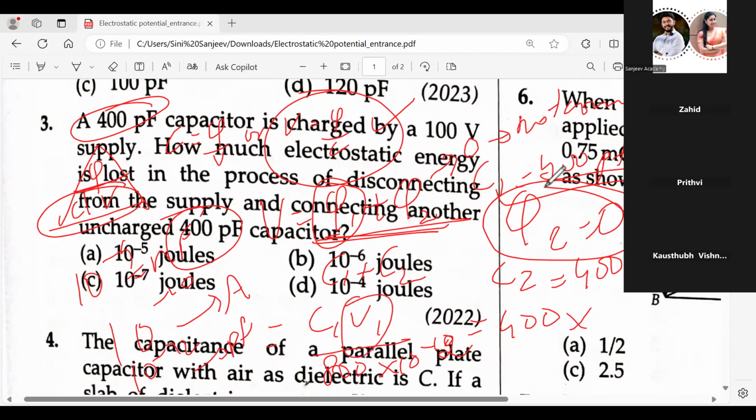And V1 is given in the question as 100. So 400 into 100 by 800 into 10 power minus 12. Once you solve it, I'll be getting 50 volts. That is my voltage.